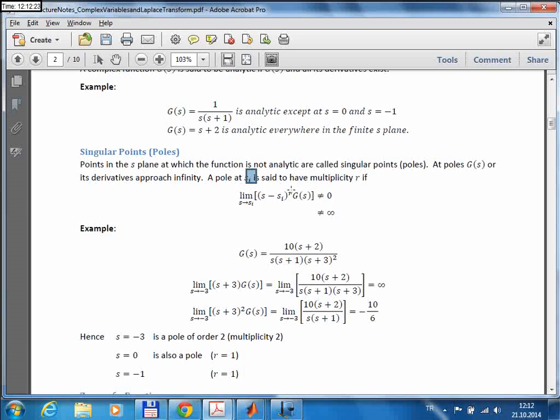First of all, we know that g of s doesn't have a finite value at this point, right? since it is a pole. But if you multiply it with s minus s_i and the value becomes a finite number, then that means you have a single pole. But if you have to multiply it by (s minus s_i) to the power r, and r is a number greater than 1, that means you have a multiple pole there.